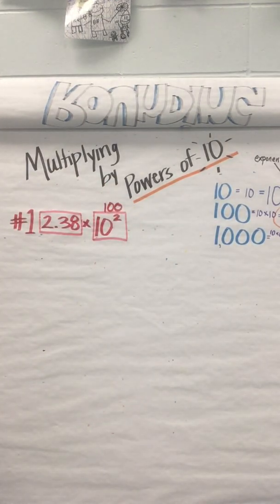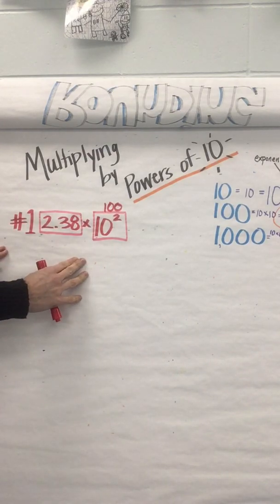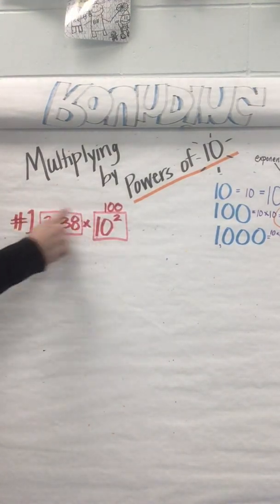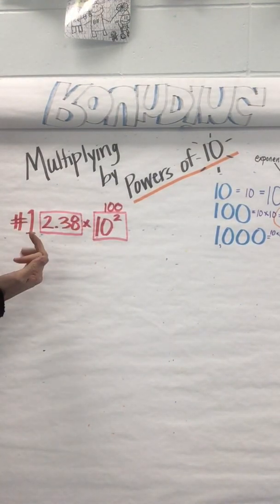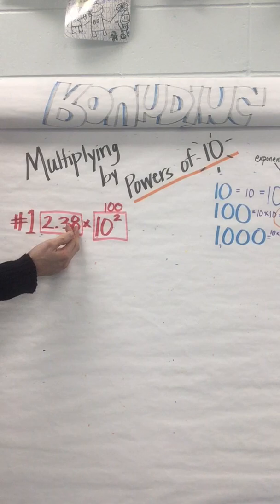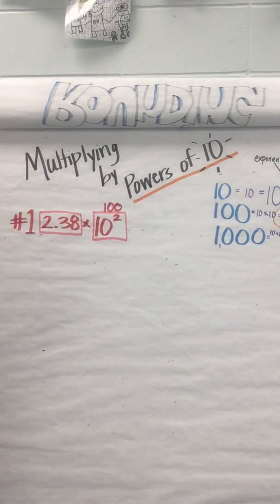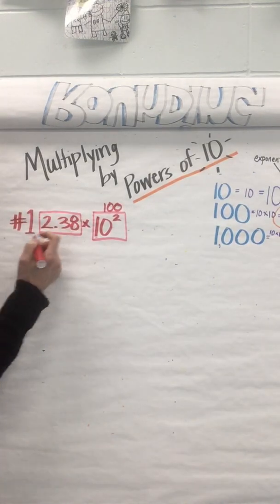Now, method number 1, we're going to use standard algorithm, the way we've been working with. If I want to multiply these out, okay, I've got to set them up. This has 1, 2, 3 digits, and this has 1, 2, 3 digits. So I can put either one on the top.